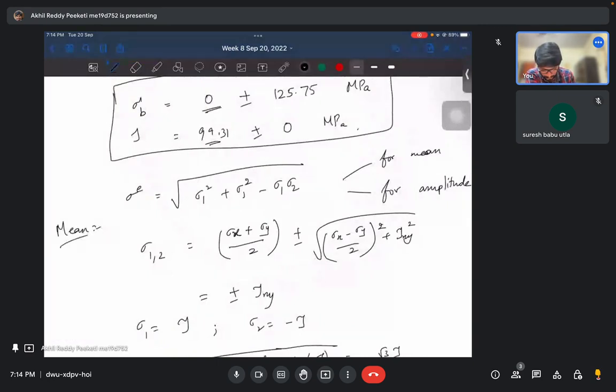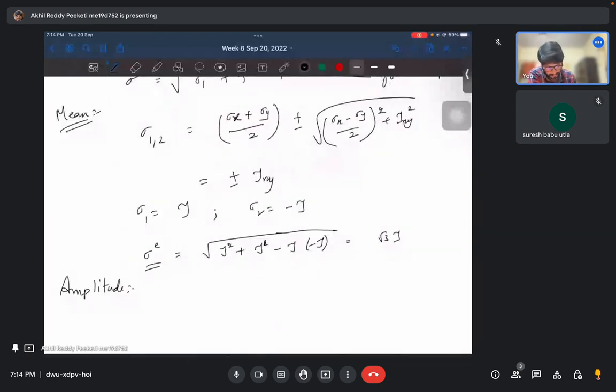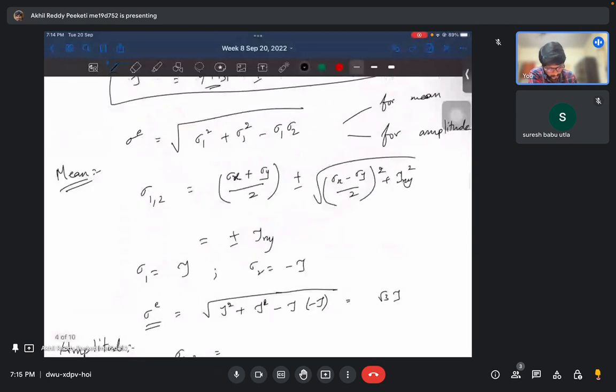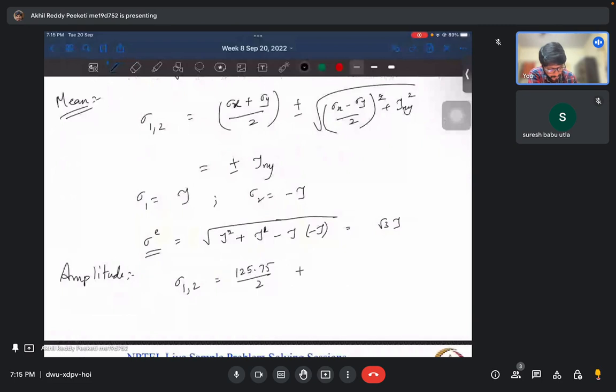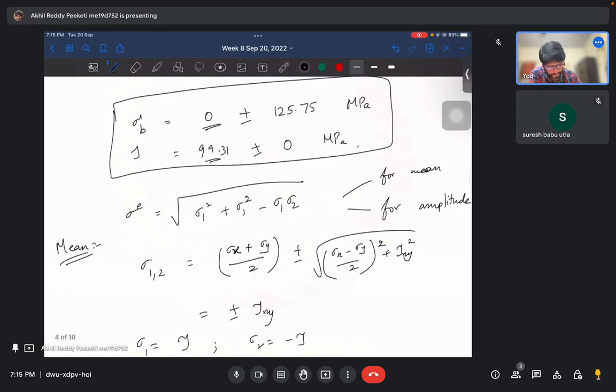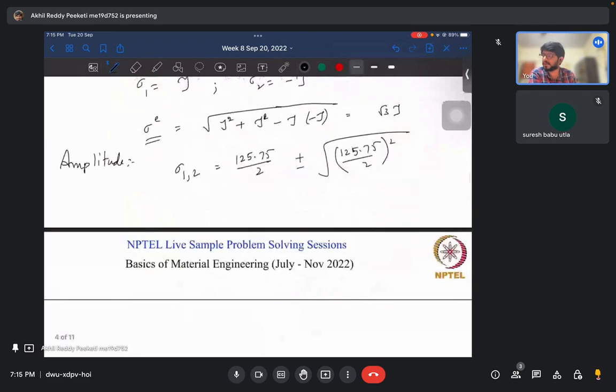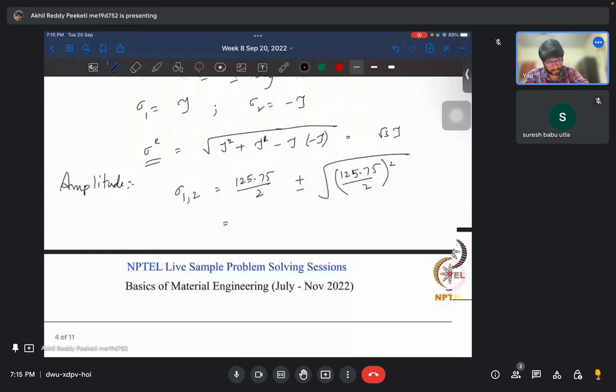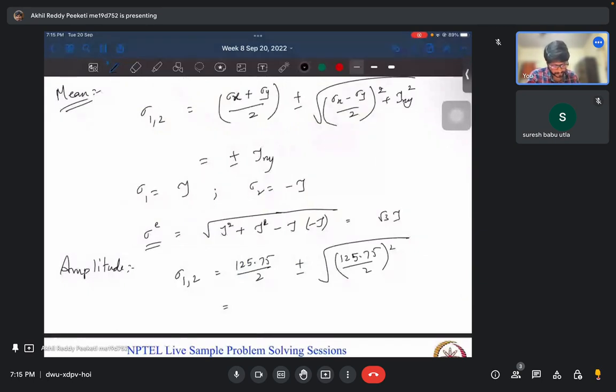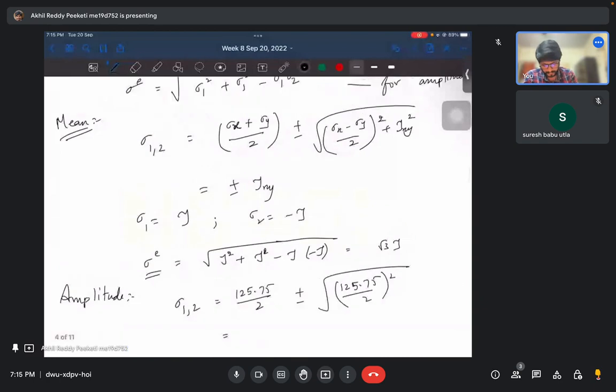Now if you are looking at the amplitude, sigma 1, 2 would be similarly 125.75 by 2 plus or minus root over 125.75 by 2 whole square, since x and y are there and tau is 0.